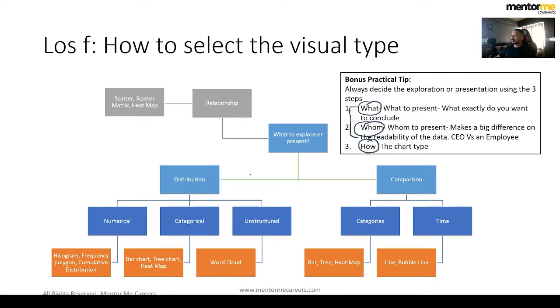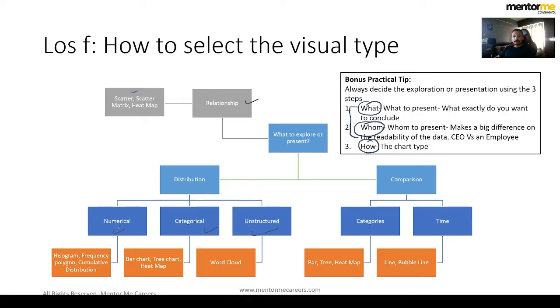Okay. So for example, out here, what to explore. So what do you want to explore? Do you want to explore relationships, like we did in the case of gold ETF versus equity? Then probably a scatter plot can be useful, right? If you want to find out the distribution of data under some categories, is it numerical data, is it categorical data, or is it unstructured data?